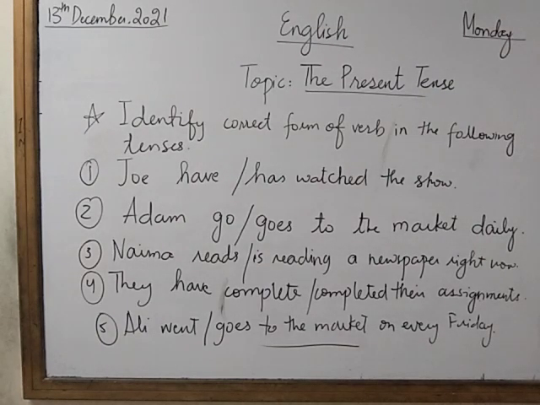And once again, I will be repeating the instructions for doing your homework. You surely have to mention the date, 13 December, and your day, that is Monday. Your topic is the present tense, and you have to identify the correct form of verb in the following tenses. I have listed five sentences, and you are going to find the correct form of verb from these.